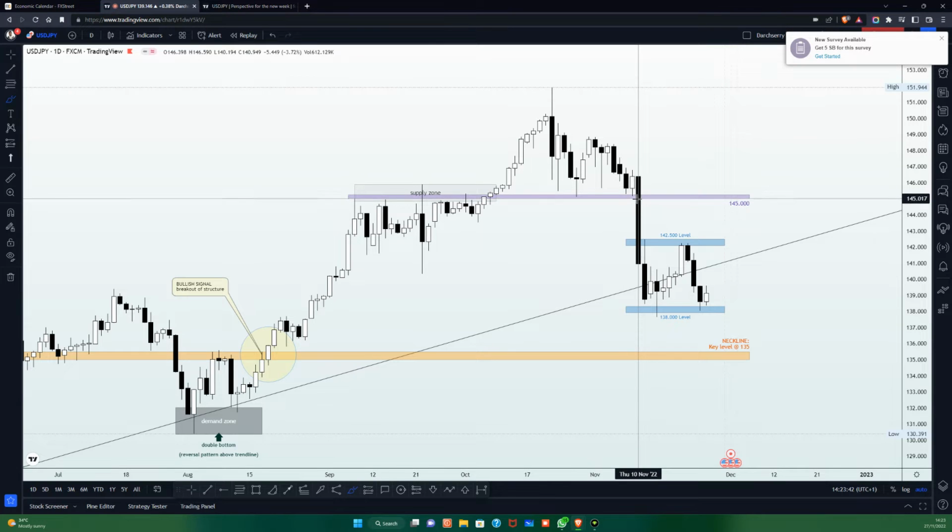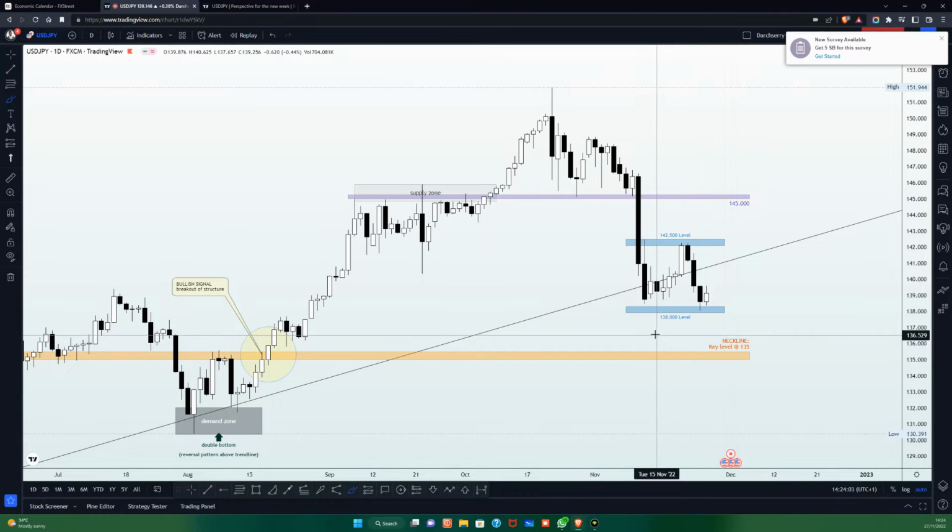In the last couple of weeks, price came back into the 138 Japanese yen level. Since price tested that level, we have been witnessing a consolidation phase right within the 142.5 and the 138 area, to emphasize the indecision that is in this market right now.